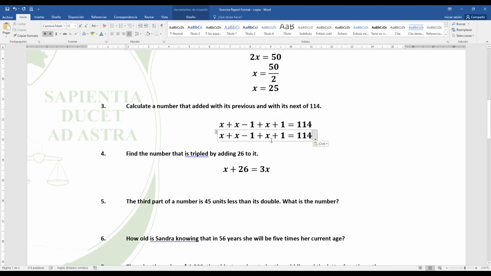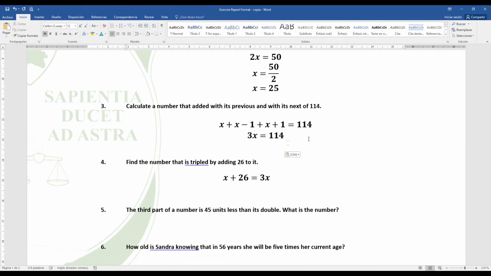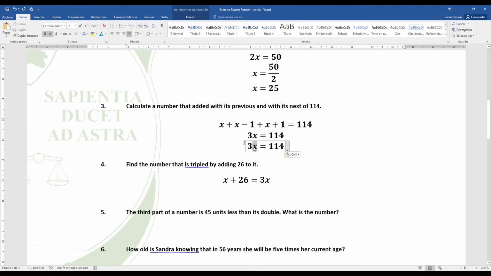So the next one, again you need to carry out the operation. You have 1, 2, 3x, so you have 3x. And 1 less 1 is 0, so you get that. Now again, to clear that x, you need to pass that 3 to the other side.